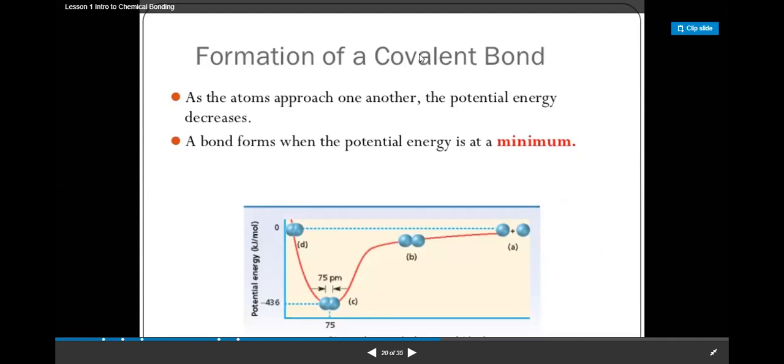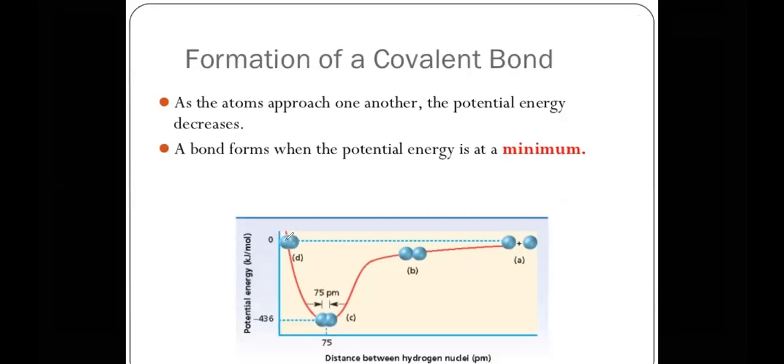These are the two atoms which are bonded already. This is the potential energy point where the potential energy is minimum.